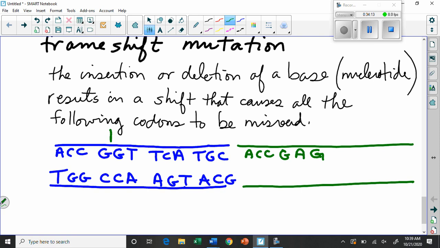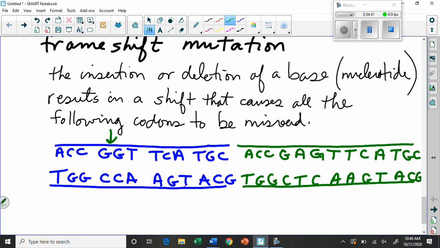So right at this spot, right here, we are inserting this A. And then the rest will follow, T, right? And then T, C, A, T, G, C. And on the bottom, we'll have T, G, G, C, T, C, A, G, T, A, C, G.